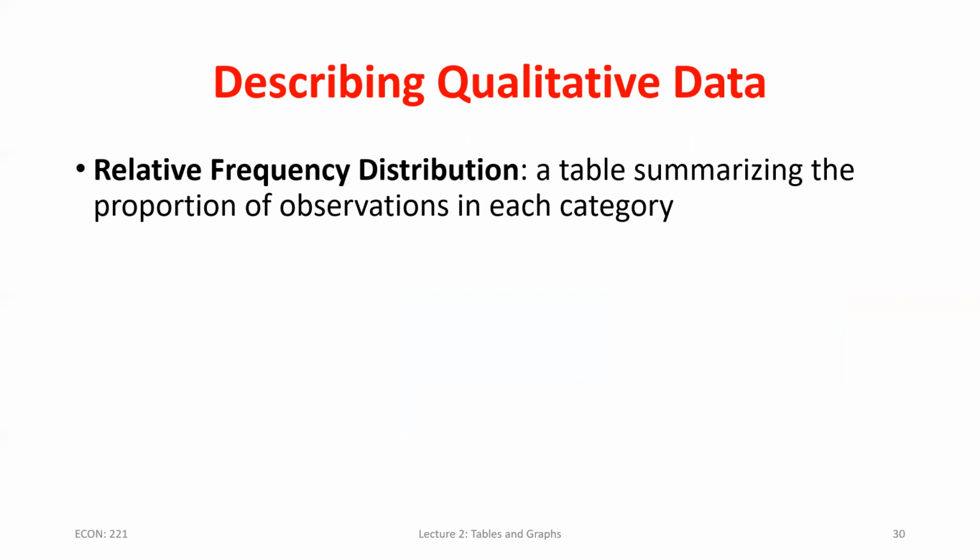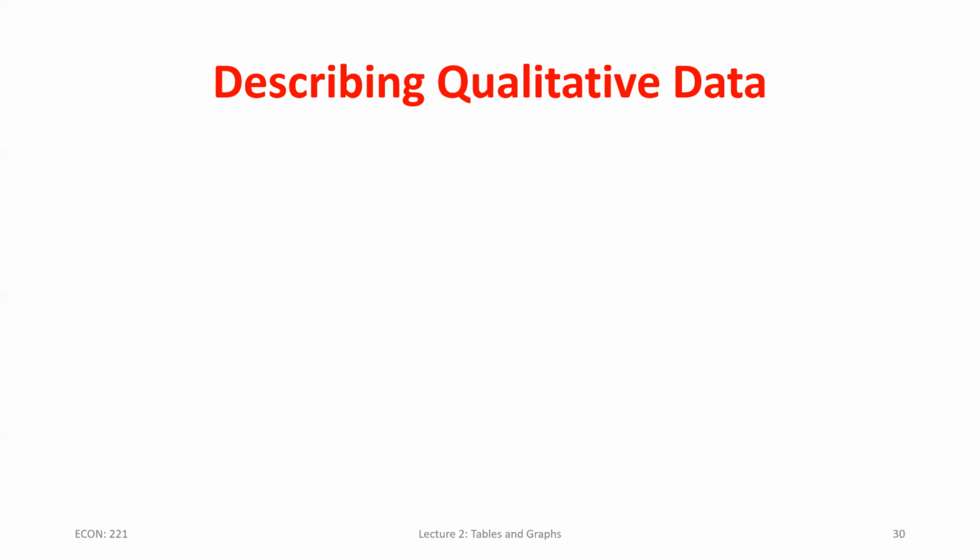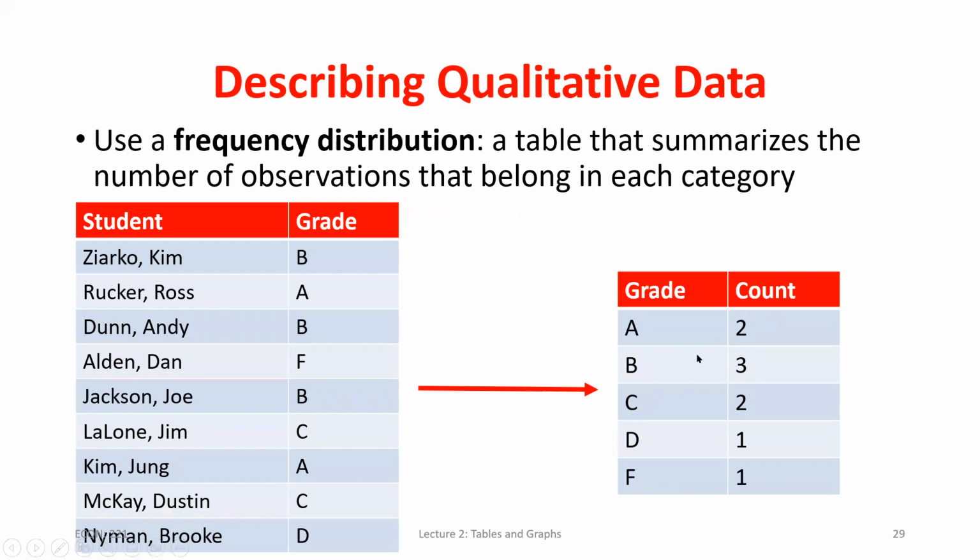Now, to come up with a relative frequency distribution, this idea of relative reflects the proportion of the data that has that particular response. If I go back to my frequency distribution, to turn that into a relative frequency distribution, I would take the 2 students who got an A in the class, out of 9 students total.